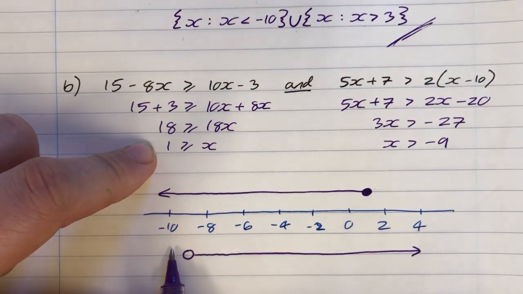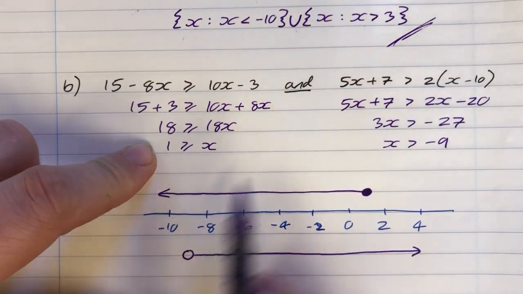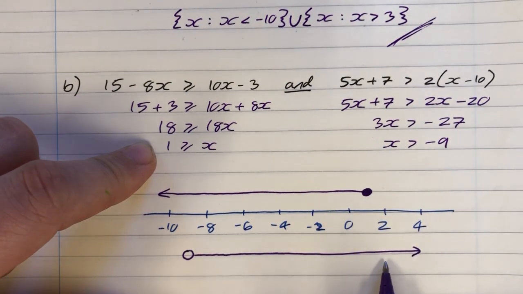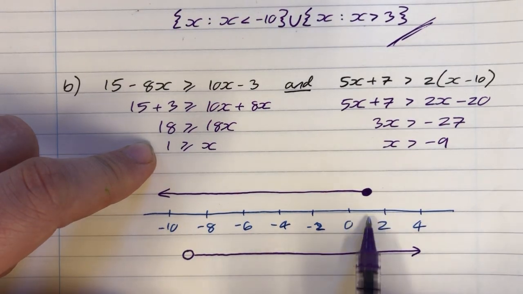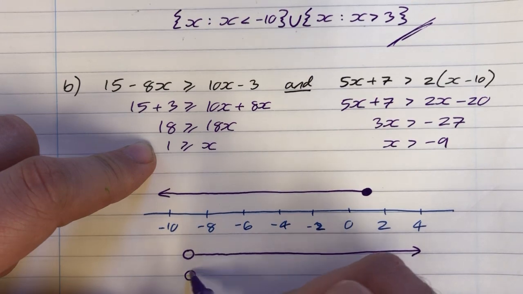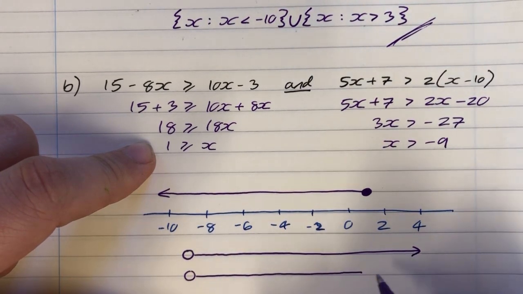So over here at minus 10, only 1 is true, so that doesn't satisfy the original question. And over here 2 is true on the bottom one, but not the top one, so therefore that doesn't satisfy. But anything in between minus 9 and 1, including 1, does satisfy both. So the solution is this line here.